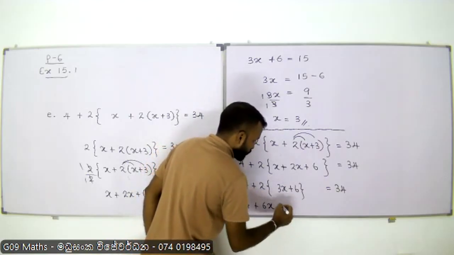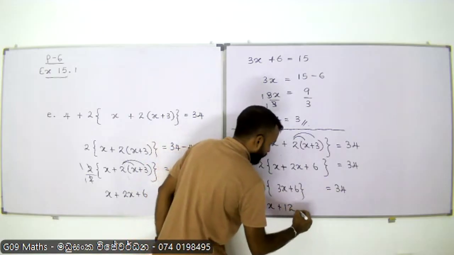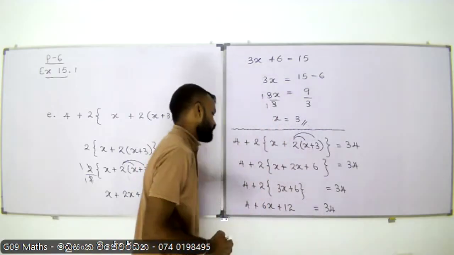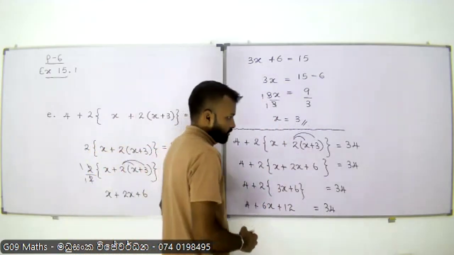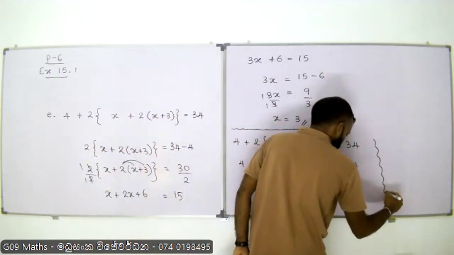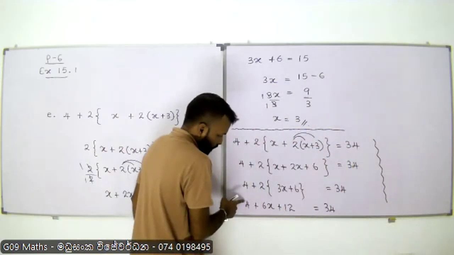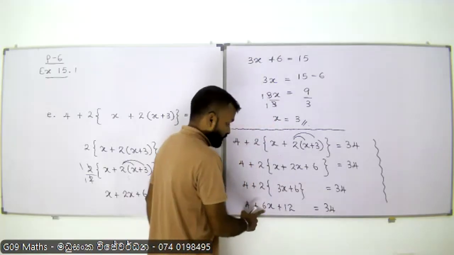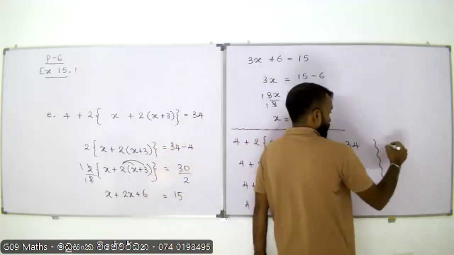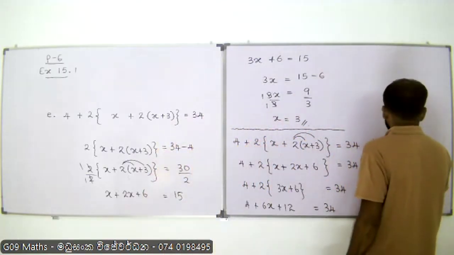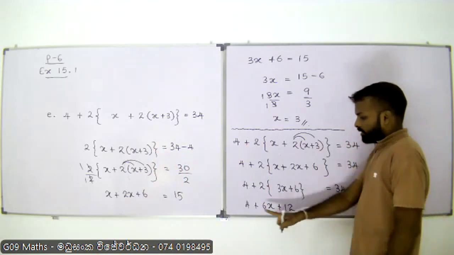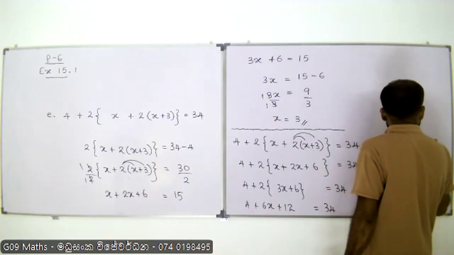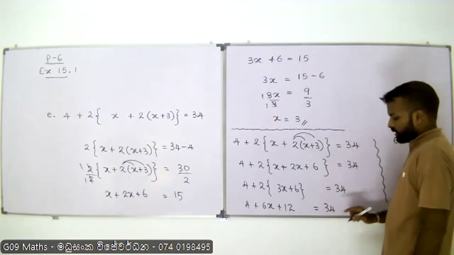Positive into positive, positive 2 into 6, 12 is equal to 34. Now, very easy. 4 plus 12, 16. 6x plus 16. I have here 6x. Here I have 4 plus 12, 16, is equal to 34.